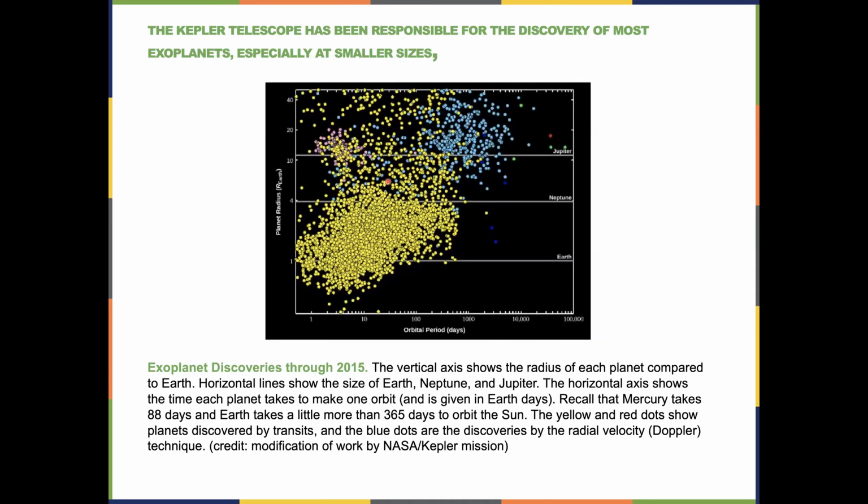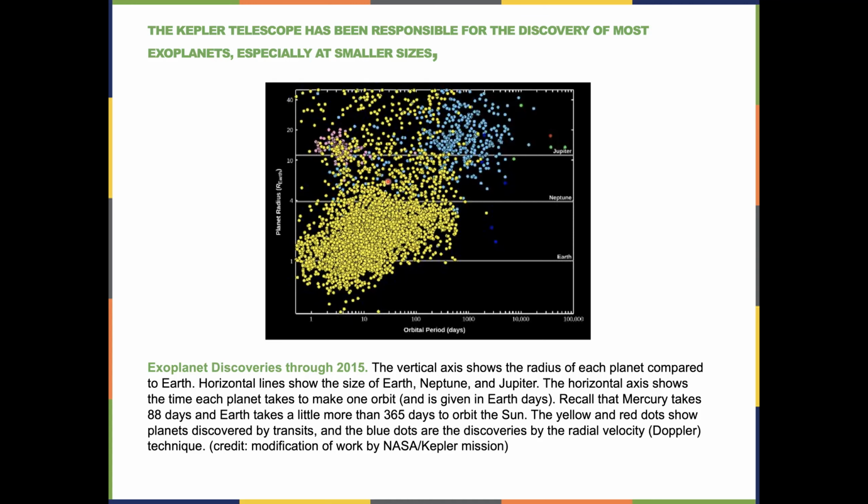And here are the results that we have up to now. All these yellow dots that you see in this diagram are the discoveries made by the transit method, and most of them are made by the Kepler telescope. The x-axis is the orbital period of these exoplanets, and the y-axis is the radius of a planet.